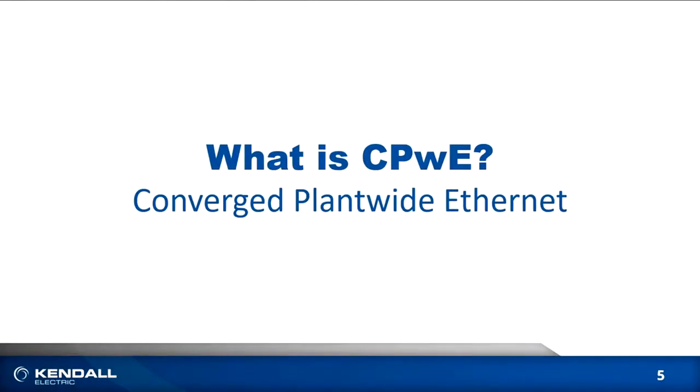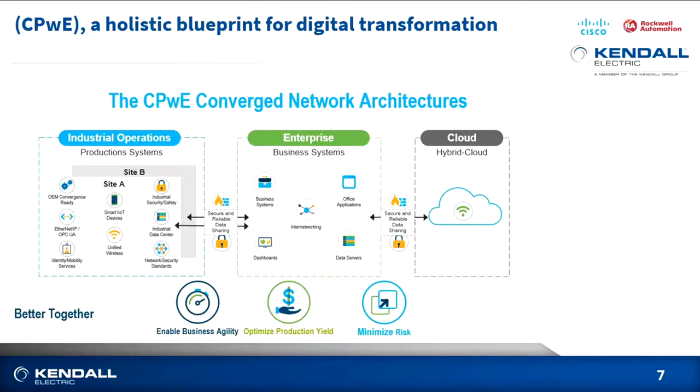What is CPWE, Converged Plant-Wide Ethernet? Here is a holistic blueprint for digital transformation. It's called the Converged Plant-Wide Ethernet, or CPWE. If you look at the diagram, this diagram illustrates that CPWE simplifies network design by connecting industrial operations and business systems together in a way that is seamless and secure.